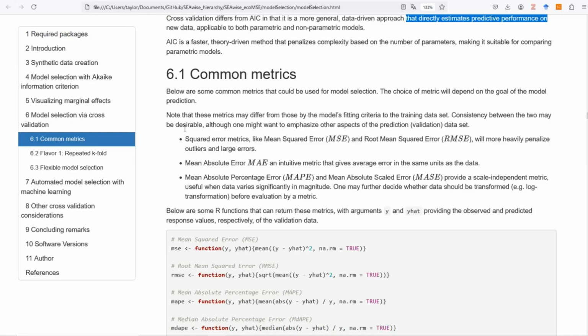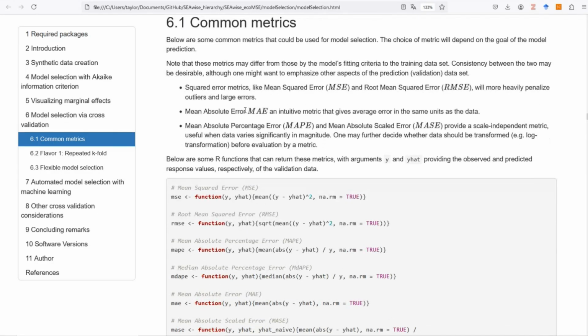To start off, squared error metrics like mean squared error or root mean squared error will more heavily penalize outliers and large errors. Another quite common one is the mean absolute error, which is quite intuitive because it gives the average error in the same units as the data.